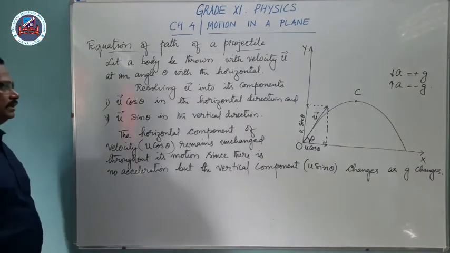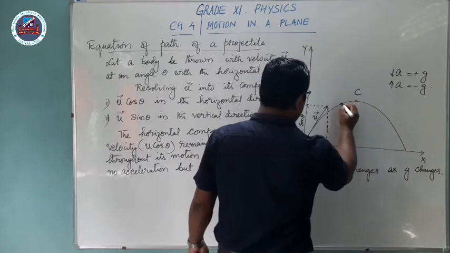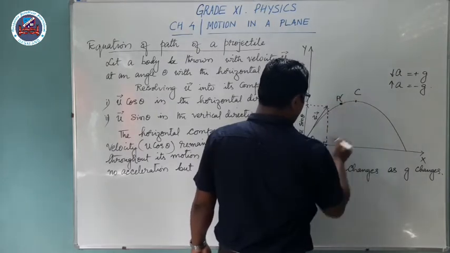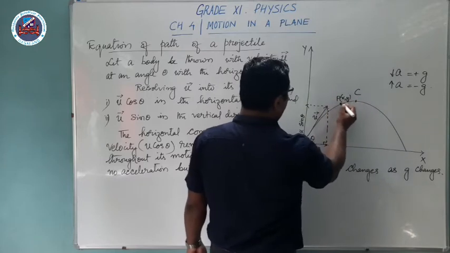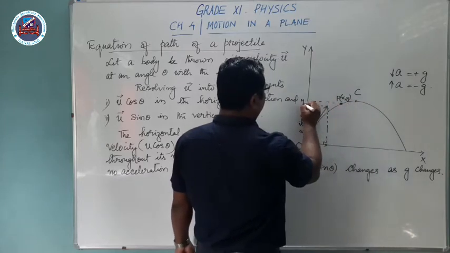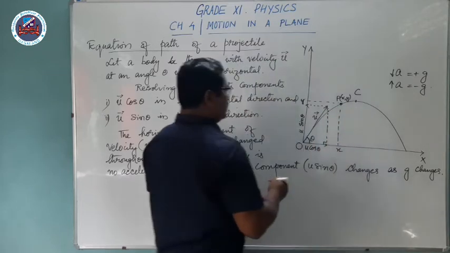Now suppose at any instant of time t, the particle has reached this point P. Say the value of the x coordinate is x and the y value is y. This side it will be y and this one it will be x.